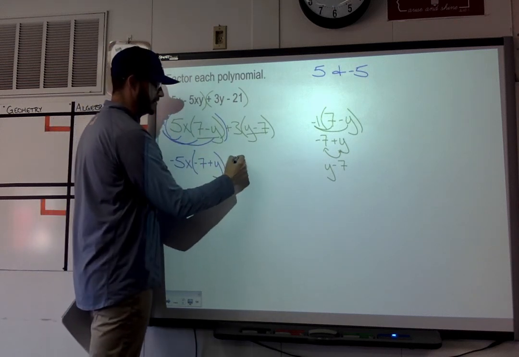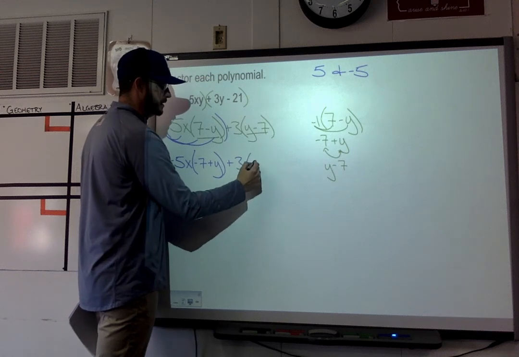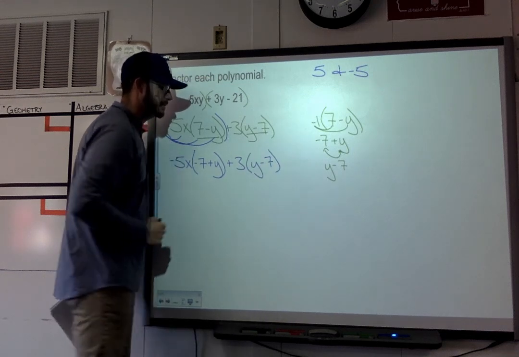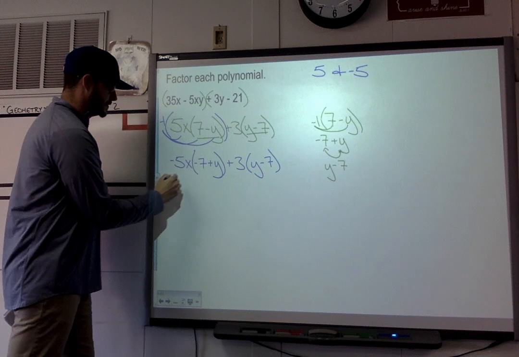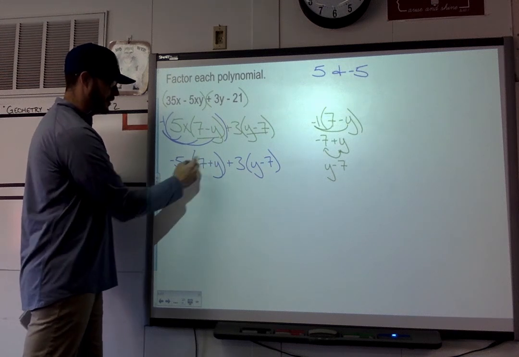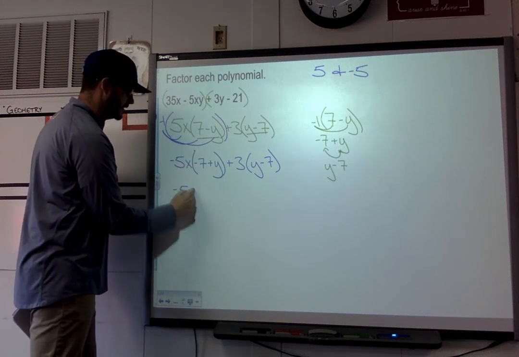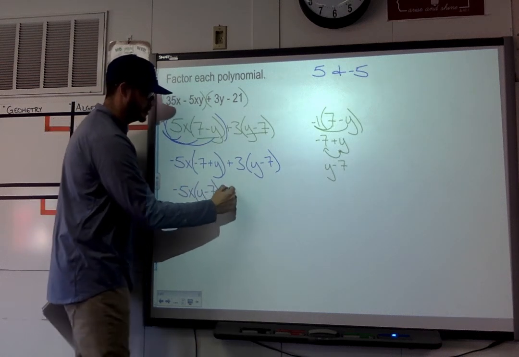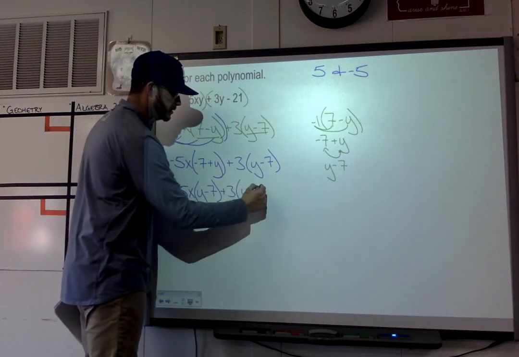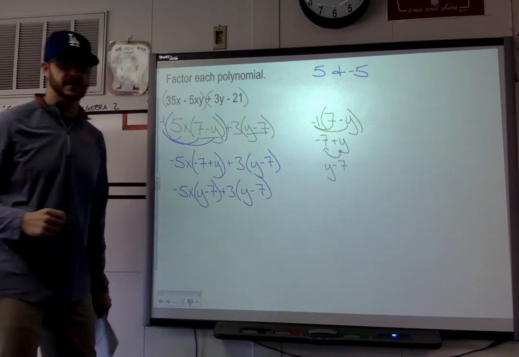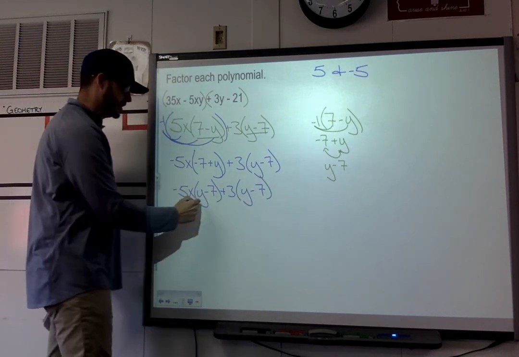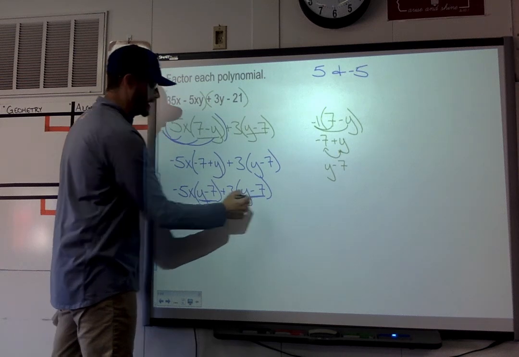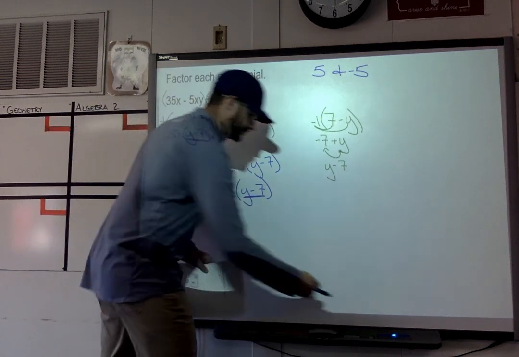Then I still have the same thing over here, plus 3 times y minus 7. So now, if I flip the order of these, I have negative 5x times y minus 7 plus 3 times y minus 7. So now I have it where everything inside the parentheses is the same.